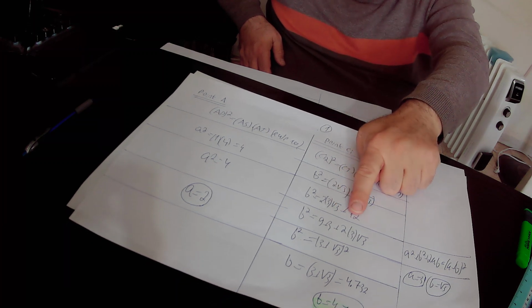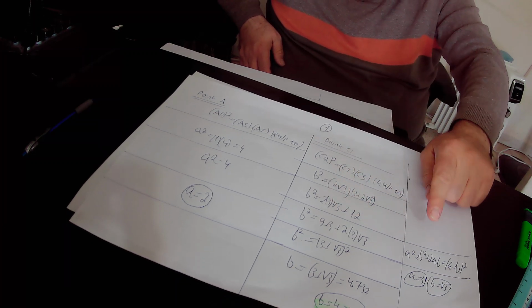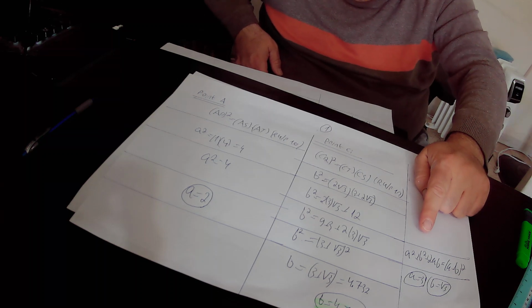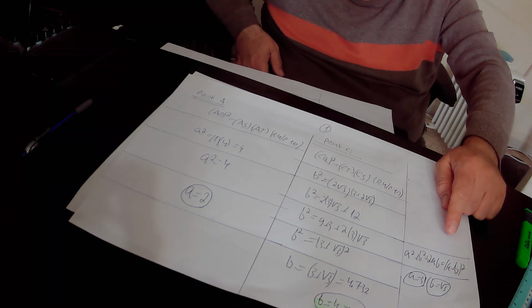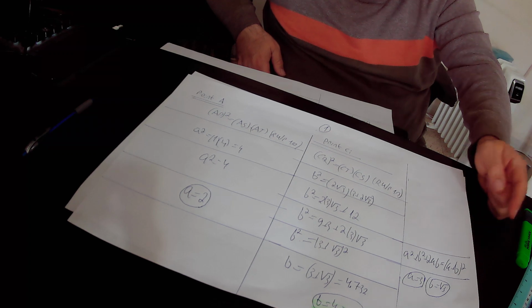This expression is very similar to the algebraic identity that states that a squared plus b squared plus 2 times ab equals a plus b squared.